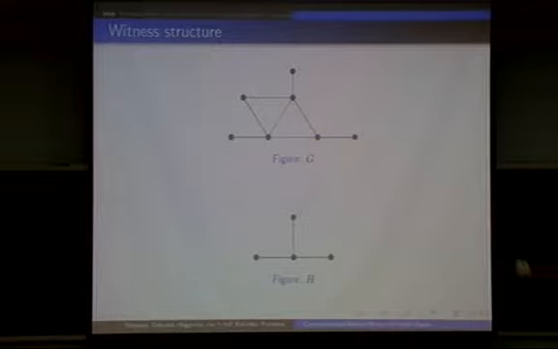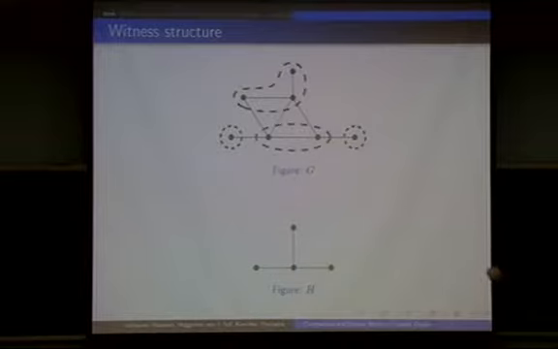An H-witness structure of a graph G is a partition of the vertices of G into disjoint non-empty sets. Each set of vertices must be connected. Each set also corresponds to exactly one vertex of H, and there are edges going between two sets if and only if the two corresponding vertices in H are adjacent. These sets are called witness sets.